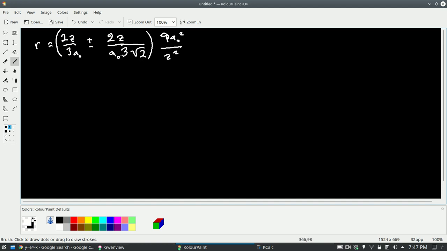And I can take an a naught out. I can take a 2 over 3 a naught out. So let me do that. So r is going to be equal to z plus or minus 2 over a. I'm going to take this out. I'm going to take this out. This is plus or minus z over root 2.